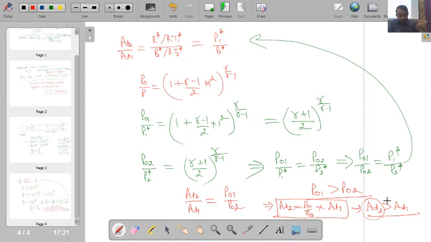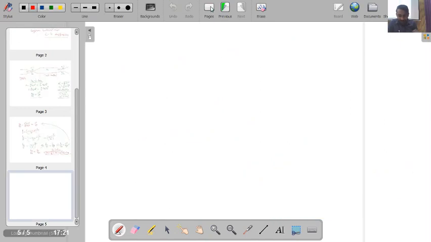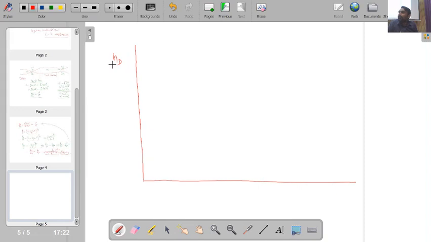Okay, so typically let me show you, if I plot the efficiency curve for a diffuser. So the efficiency of a diffuser, I am plotting it with, say, A2, the area of the second throat.